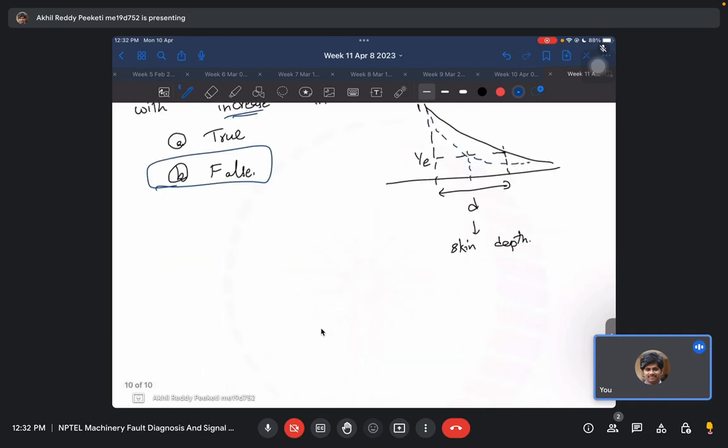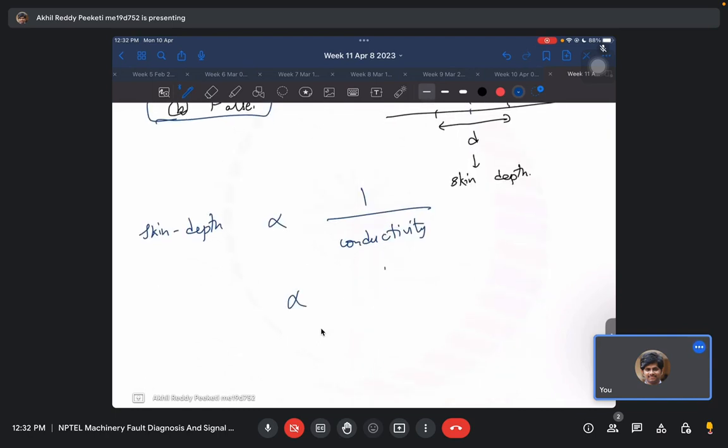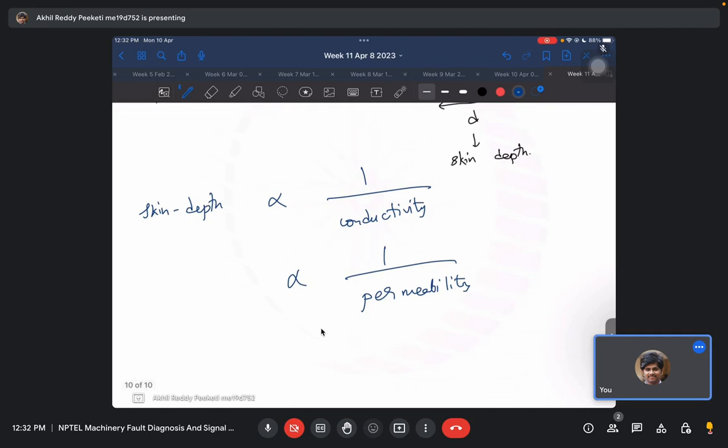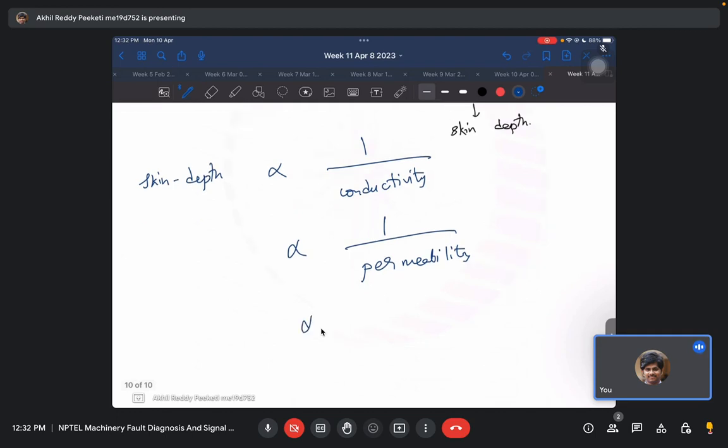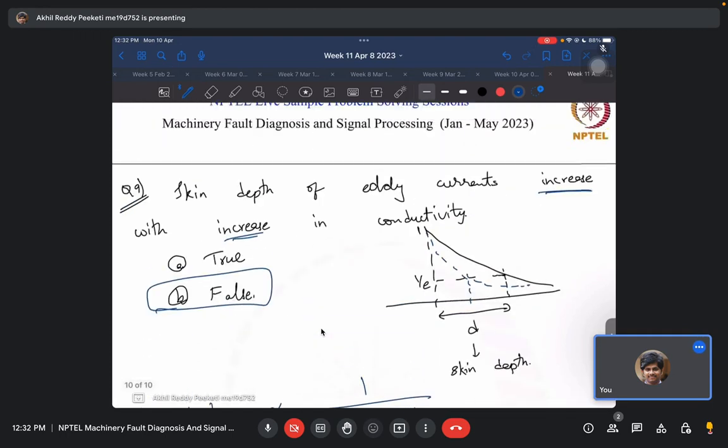The skin depth is actually inversely proportional to the conductivity, inversely proportional to the permeability of the material, and also inversely proportional to the frequency of the changing magnetic fields.